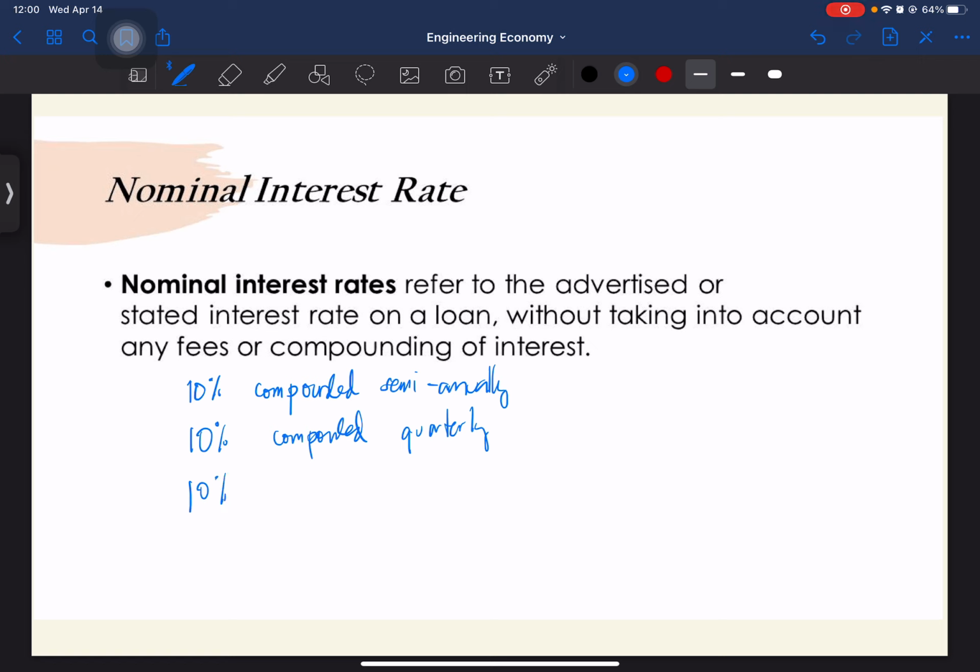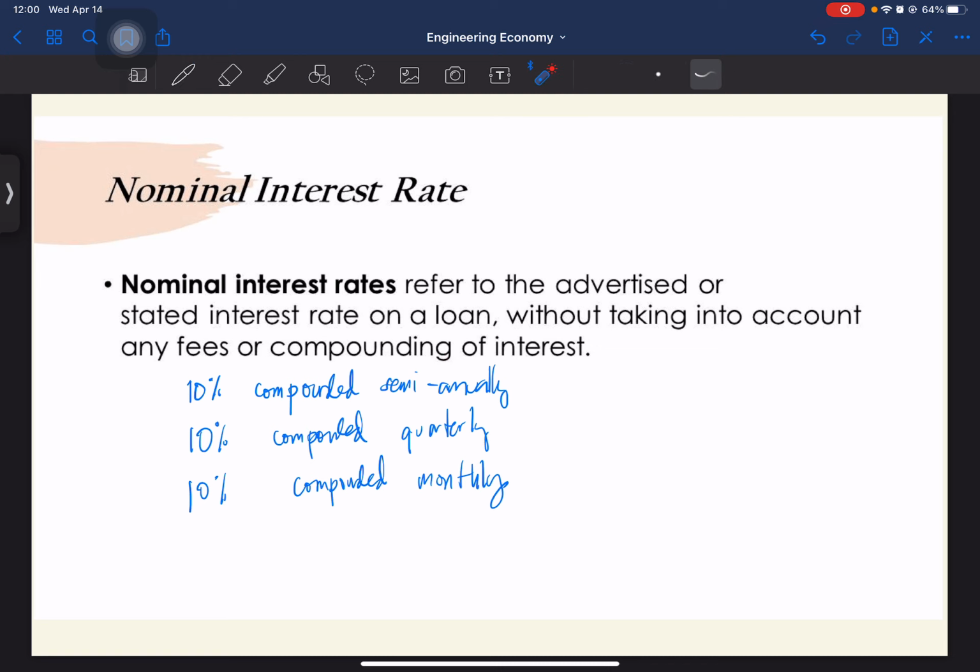At saka 10% compounded, ngayon, let's say monthly. Okay, they are all 10%. It looks like they have the same interest rates, 10%. Ang naiba lang is yung compounding periods.